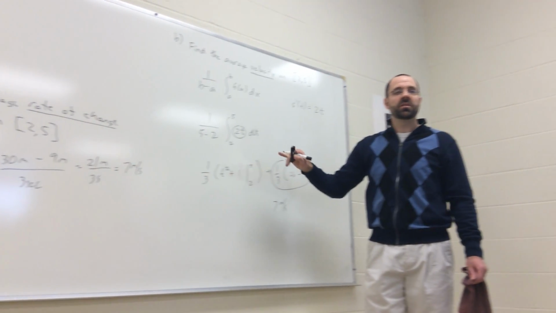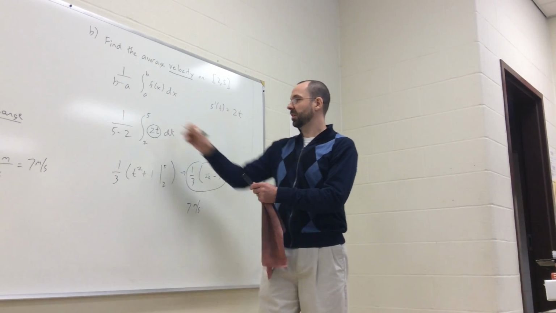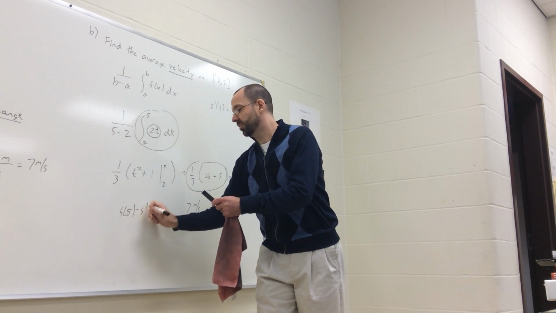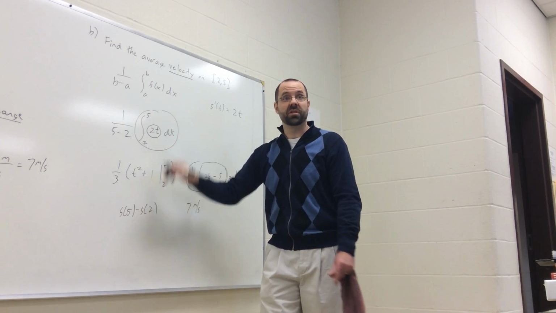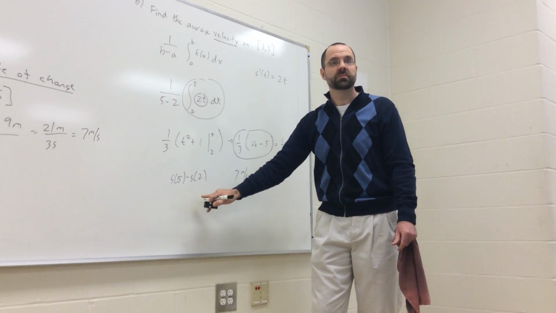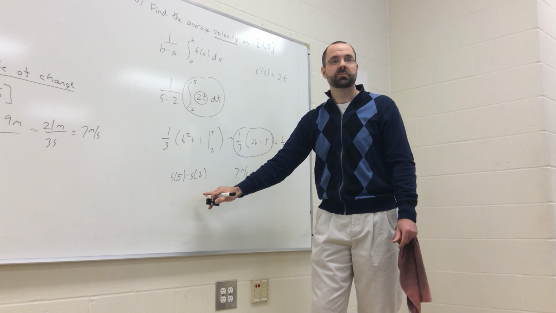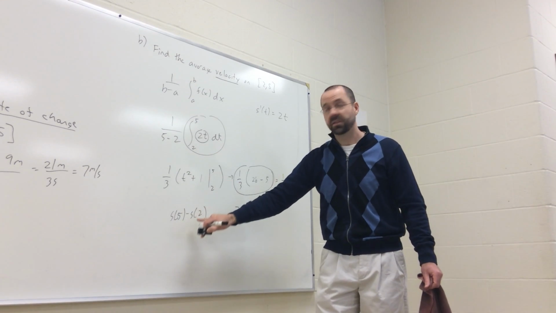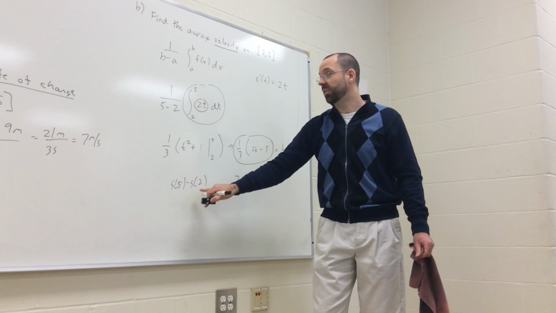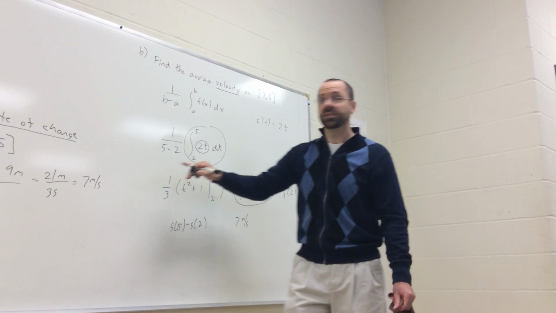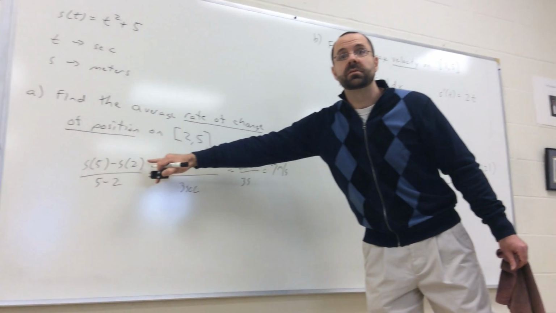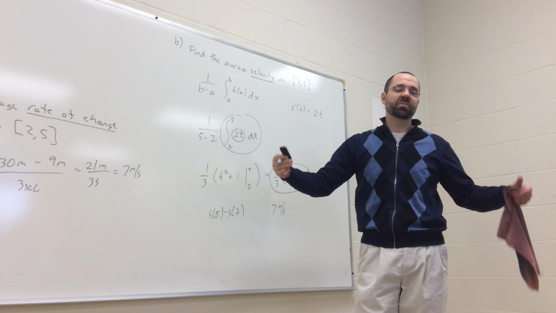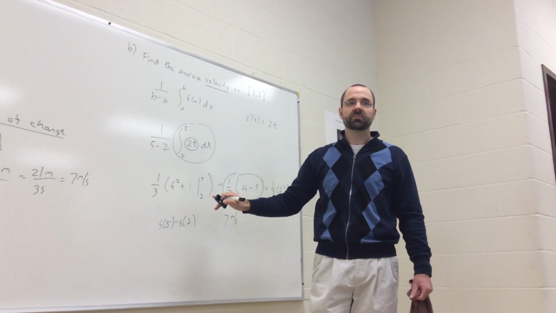But certainly, this is S of 5 minus S of 2, according to the fundamental theorem. We learned that Monday, that this is that. So then this corresponds to that. So it's the same exact thing, just from a different angle, a different perspective. Okay. Good.